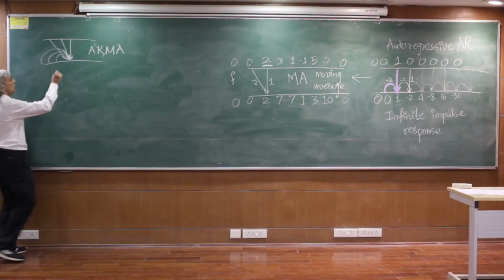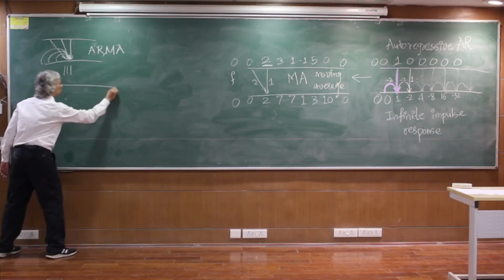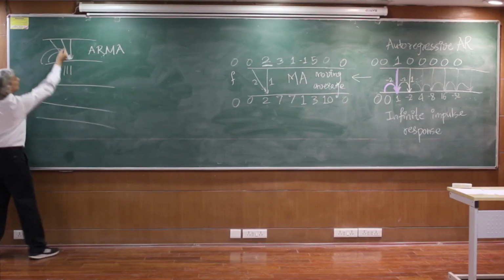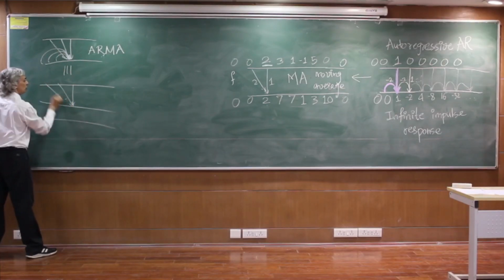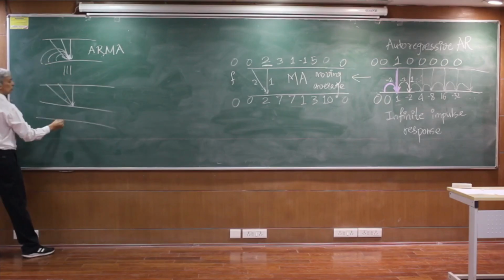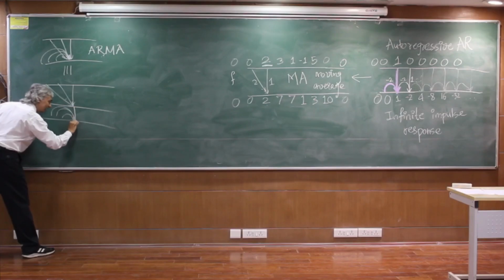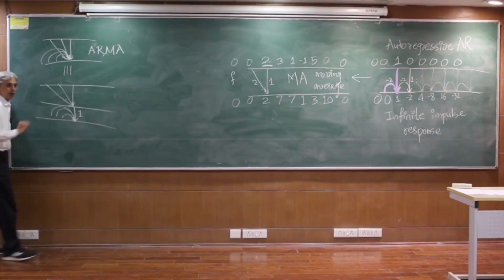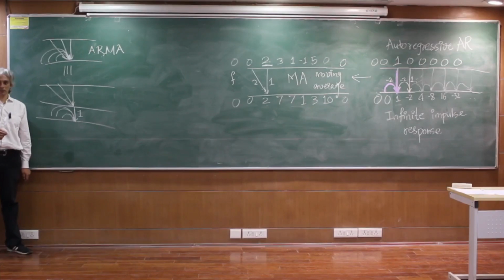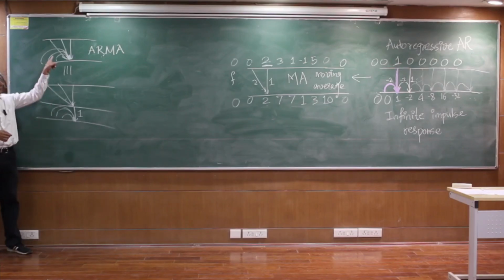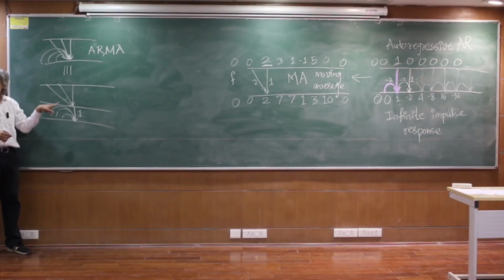So this is equivalent to taking those moving average numbers and putting them here, taking those autoregressive numbers and putting them here, and then adding this line with a multiplier of 1. Do you see that this and this produce the same result? I'll come to that in a moment.